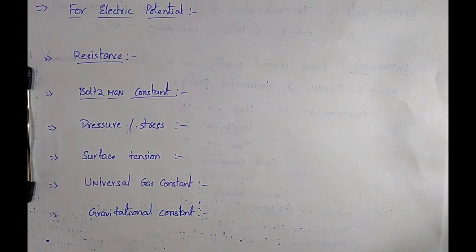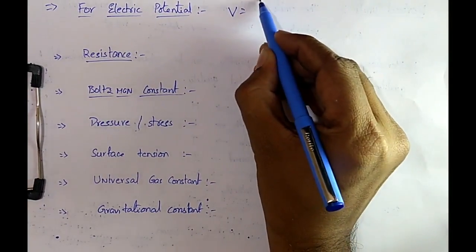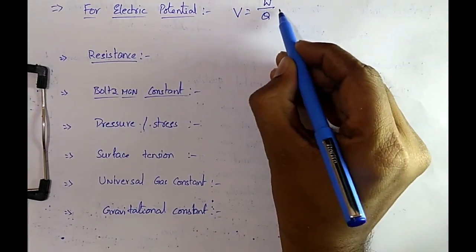Some more examples, for electric potential. We know that V equals W by Q, that is work by charge.